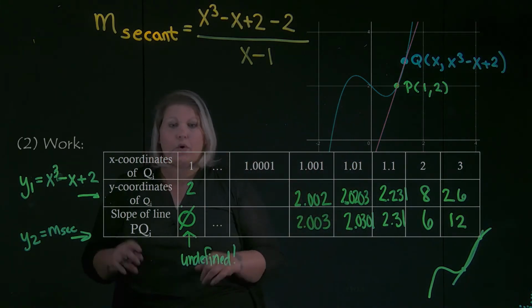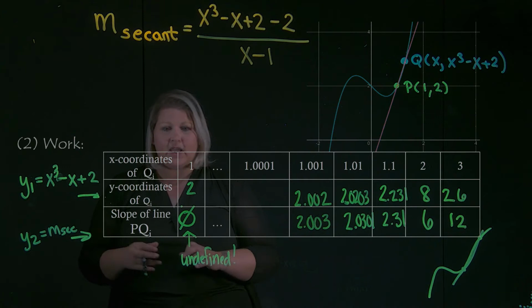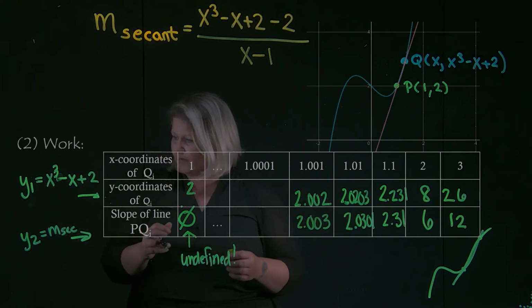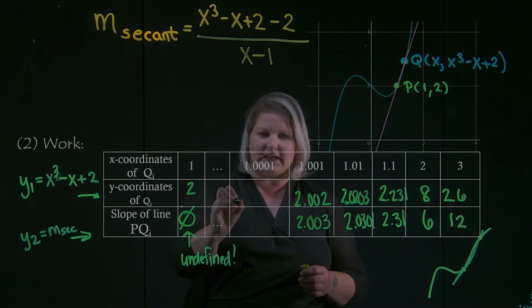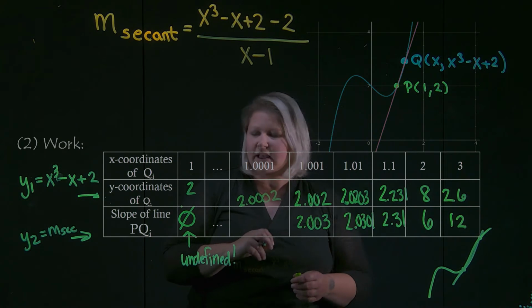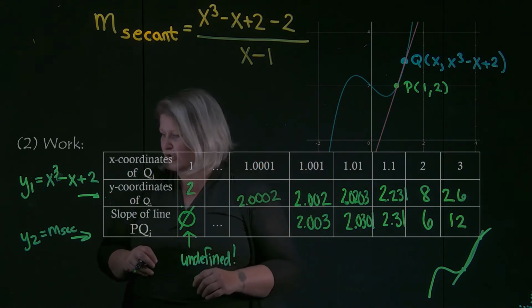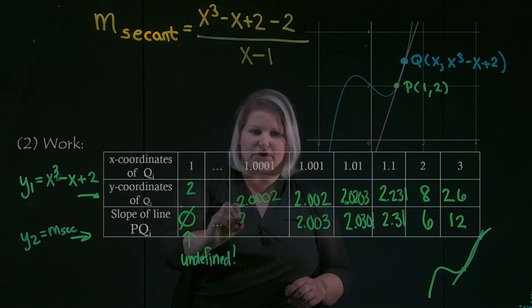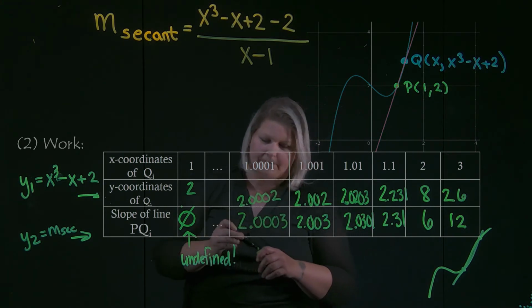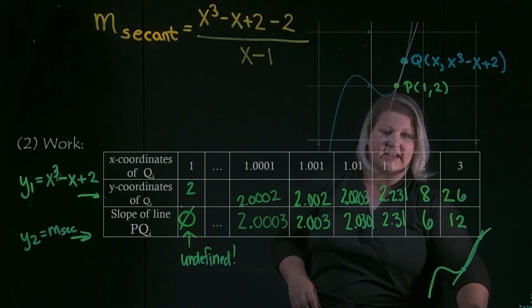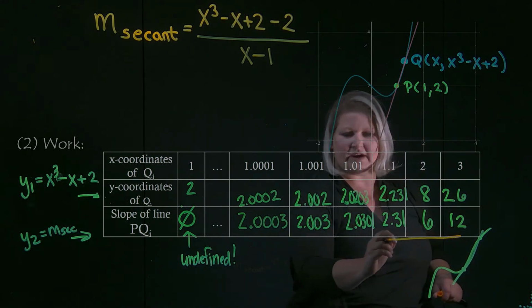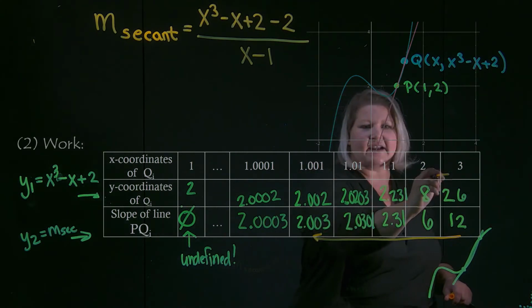Next point, 1.0001, very close to 1, and there I get 2.0002, and the slope between those 2 points is 2.0003.